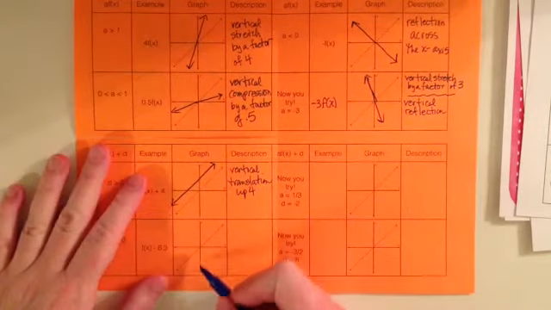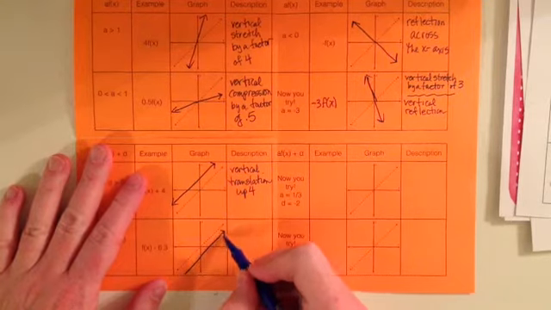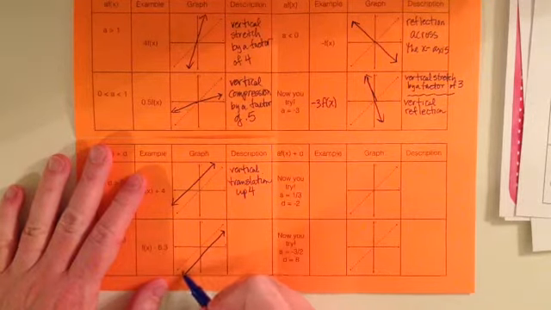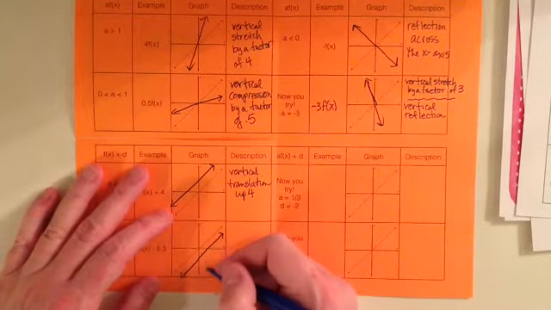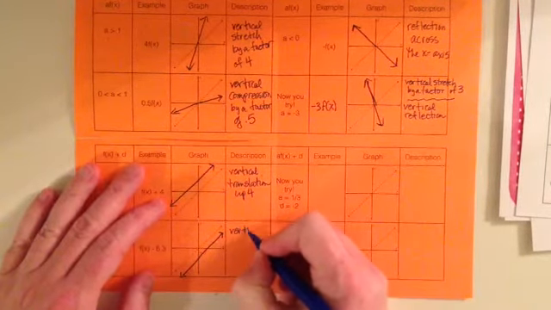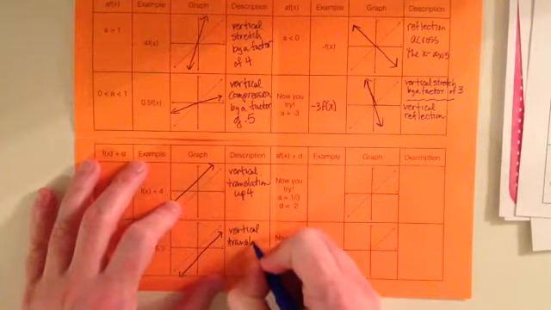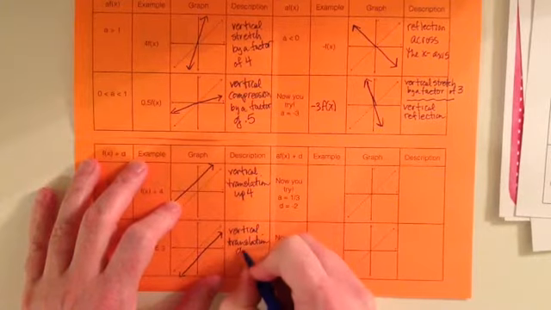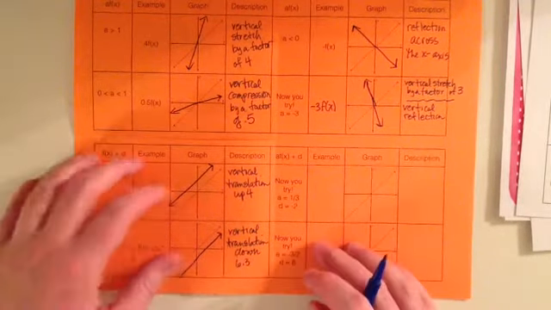Again, we're still going to stay parallel, but the y-intercept moves down. That might not have been exactly 6.3, but it's just a representation that we're moving down. So this is a vertical translation down 6.3 units.